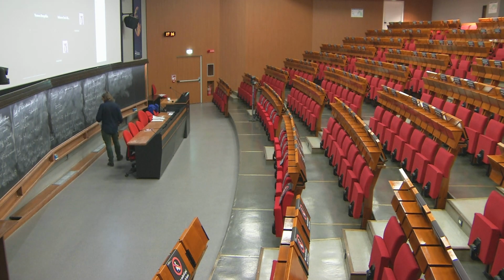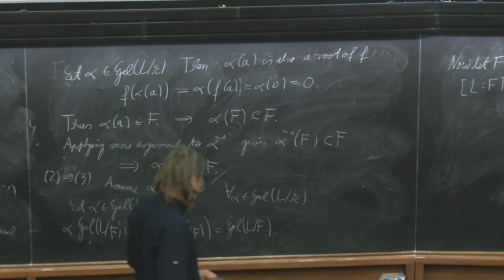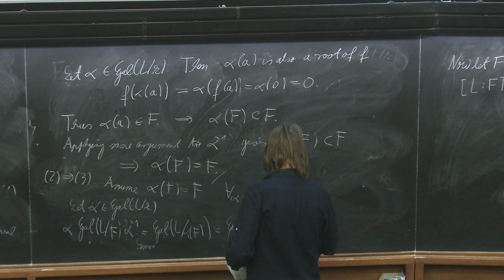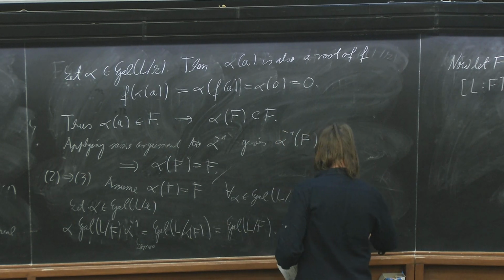But alpha F is equal to F for all alpha in the Galois group, so this is just the Galois group of L over F. So for all alpha in the Galois group of L over K, if we conjugate with alpha, we get this group again, so that means it's a normal subgroup.